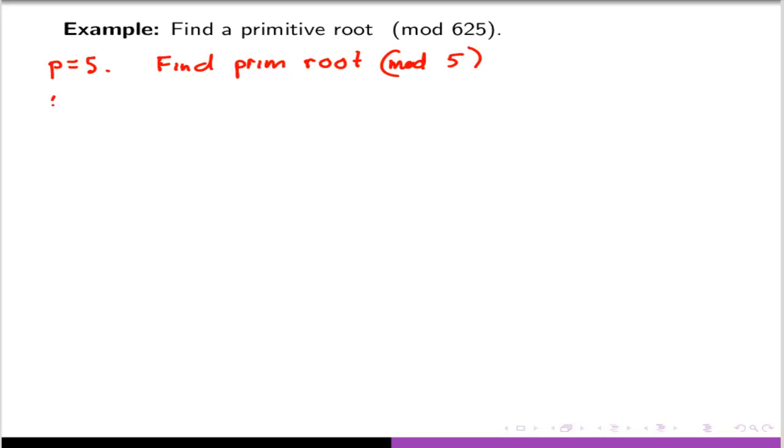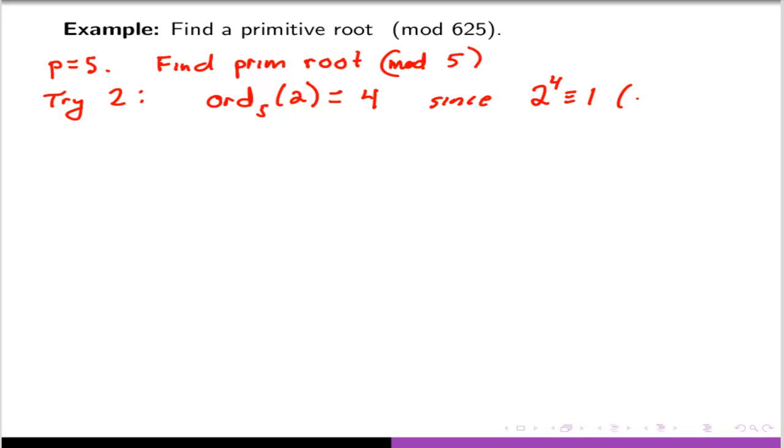Let's try the value 2. What's the order of 2? Well, the order mod 5 of 2. 2 squared is 4, which is negative 1. 2 cubed is 8. 2 to the 4th power is 16. So this is equal to 4, since 2 to the 4th is 1 mod 5, and 2 squared is not 1 mod 5.